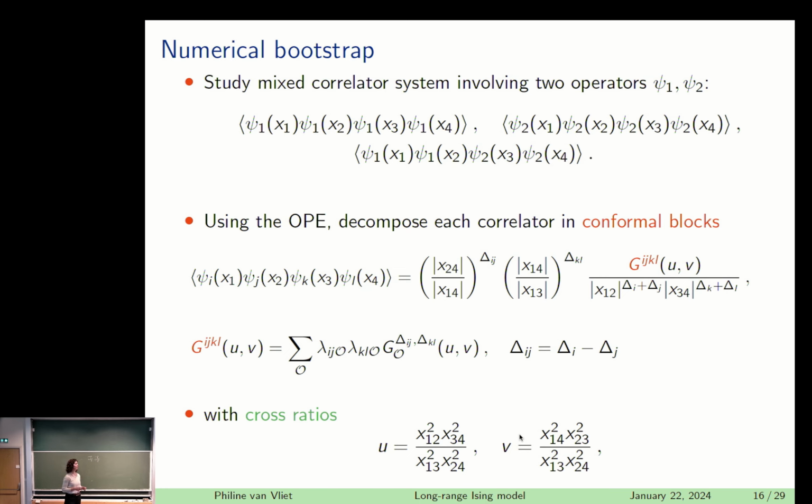It depends on which operators you choose, but in general, for example, if one operator is charged or has some spin or something like that, then you always have to pick it in these pairs. In our case, we will take psi1 to be phi and psi2 to be phi cubed, and then there's some parity that prevents you from putting 3 of them and 1 of them. So it's the Z2 symmetry of the Ising model, exactly, which survives when you do this long range. Exactly, yeah, that is still there.